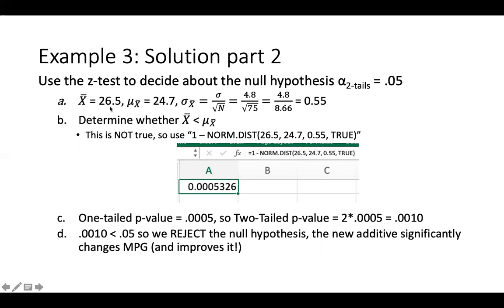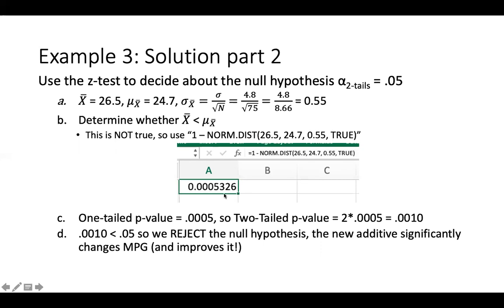Notice we're almost 2 miles per gallon away from the null hypothesis value. And look at how that translates. Our p-value is very small, meaning that 26.5 is a very extreme result. It's a much higher MPG than we would expect under just sampling error.